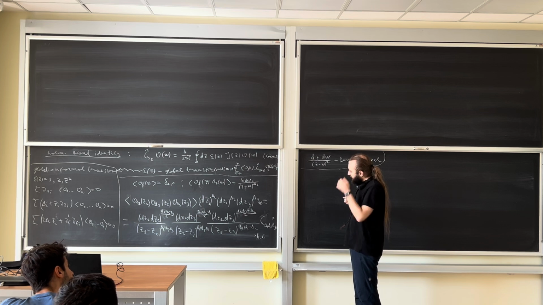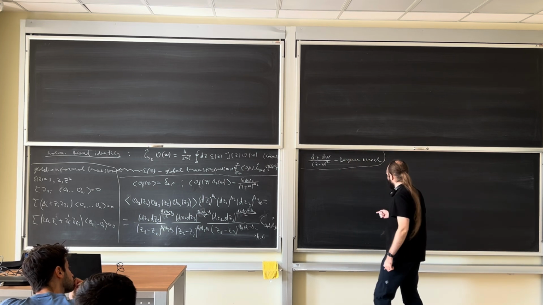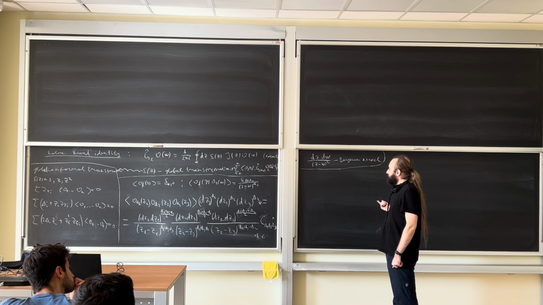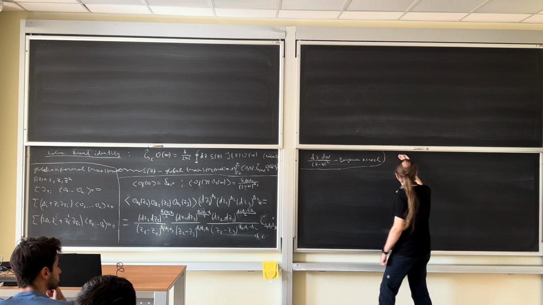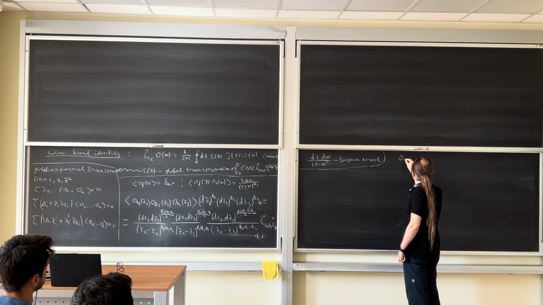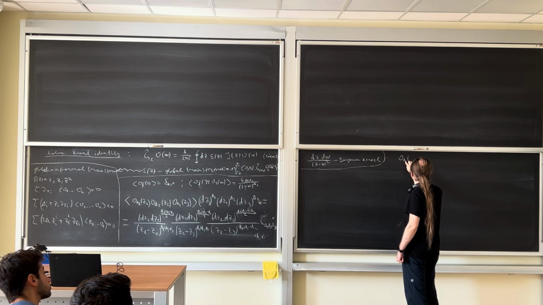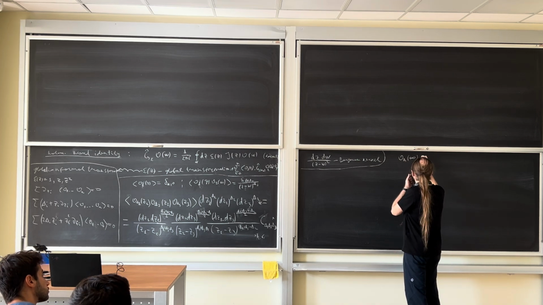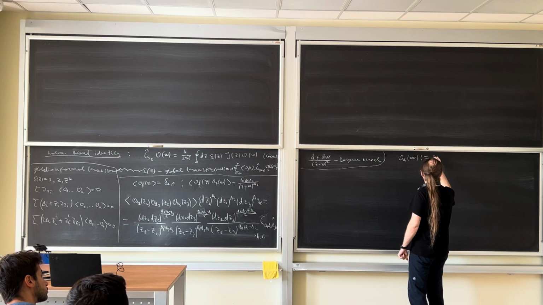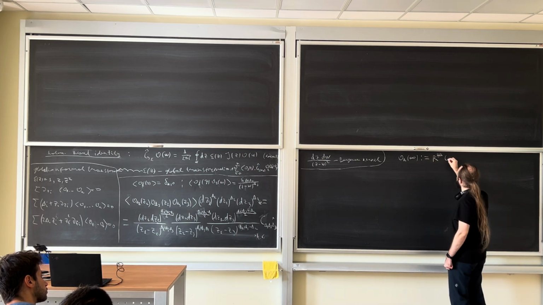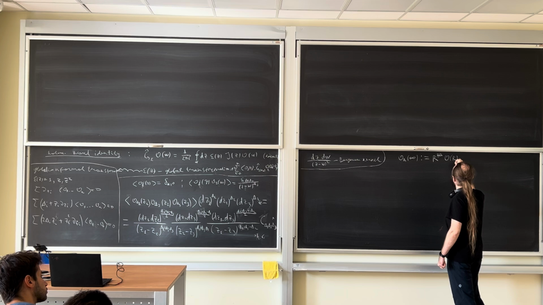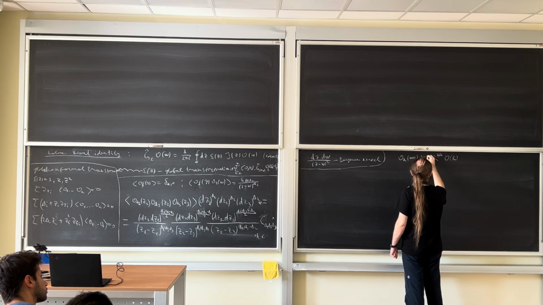So there is a well-defined object called a field at infinity, which is defined like this: O_delta of infinity is by definition r to the power 2 delta times O_delta of r, in the limit when r goes to infinity.